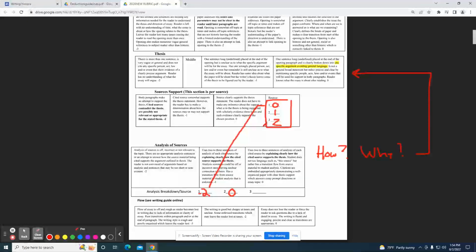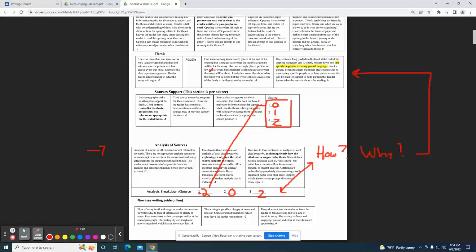And for that third source that was clearly not supportive of the thesis, there is also poor analysis. They're not answering these questions, how or why the cited source supports the thesis. So in this section, just on your sources alone, 2, 4, 6, 7, you have a -7 deduction.